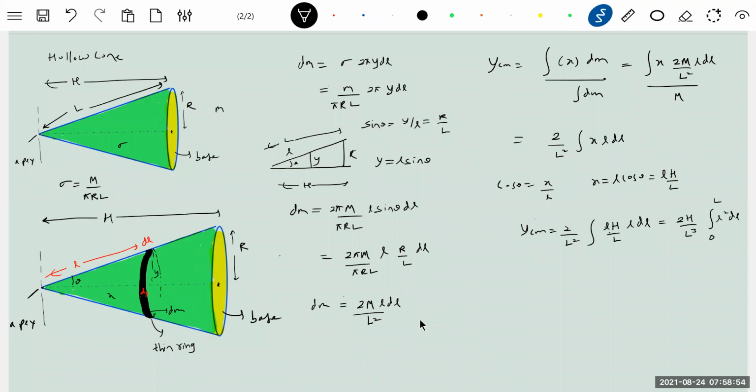It should be equal to L. YCM is equal to 2h by L cube, this will be L cube by 3. So 2h by 3 is the YCM we are getting. I think I'll write XCM, because along the x-axis it will be.